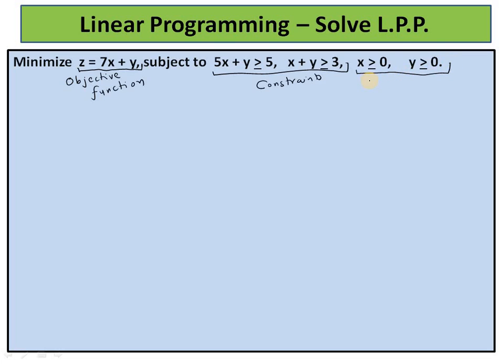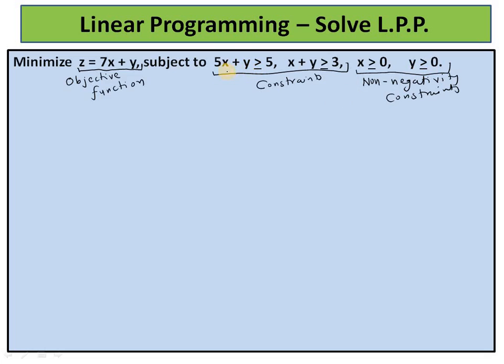These are also constraints, popularly known as non-negativity constraints. समझ गए बच्चों? So x is positive, y is positive. So our graph will be in the first quadrant.